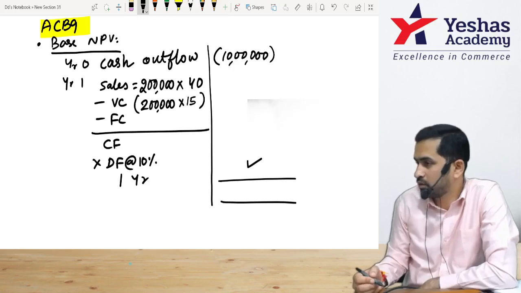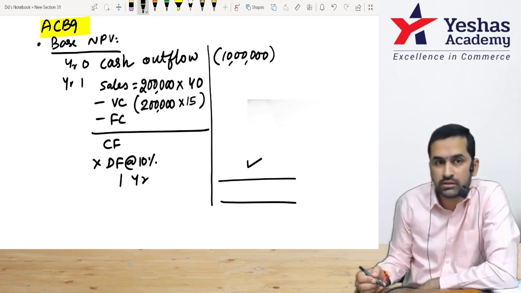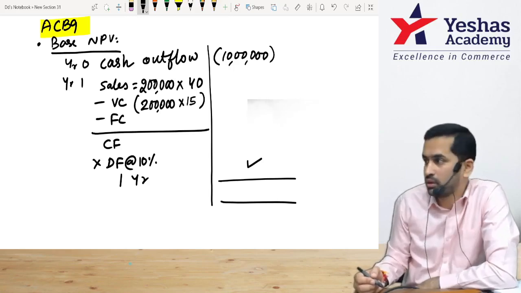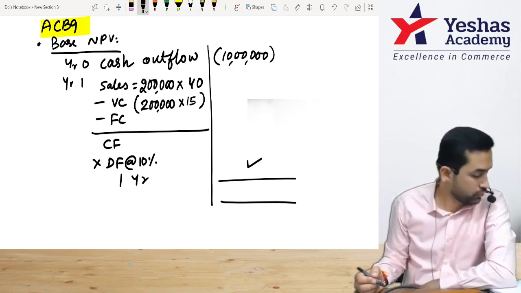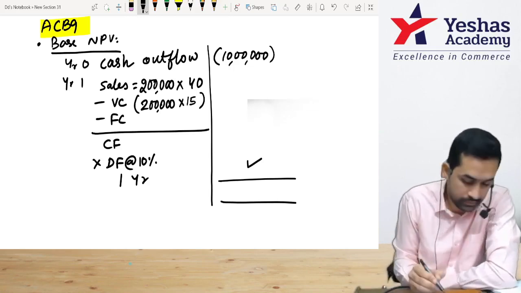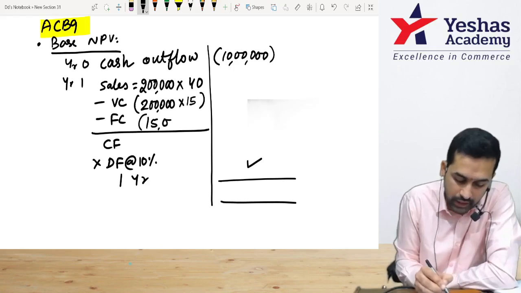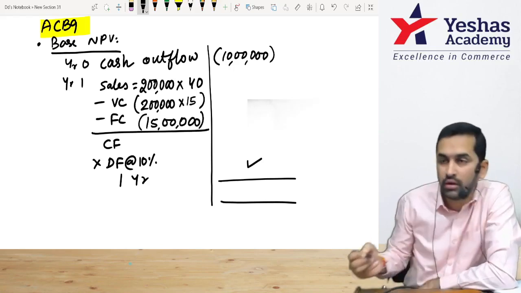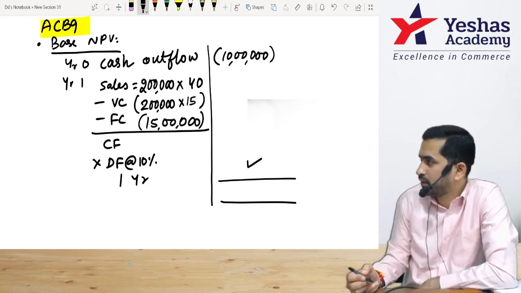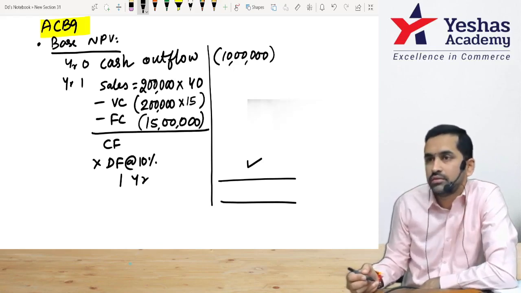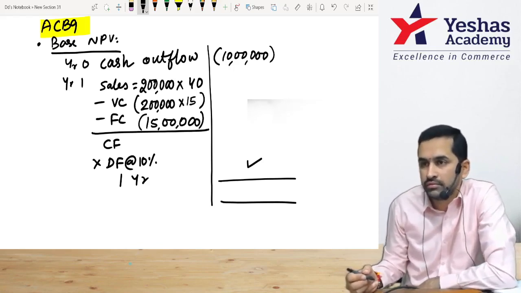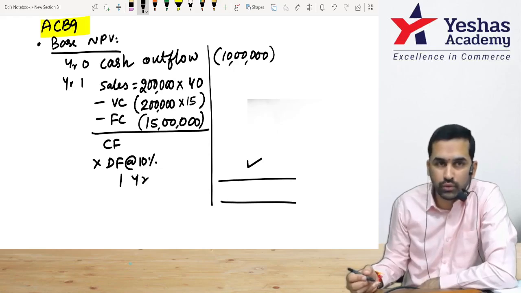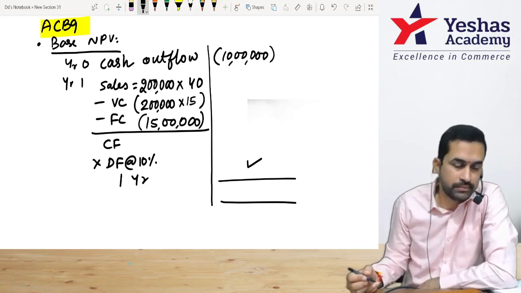Correct? Variable cost is on unit basis. Fixed cost is on total basis. Fixed cost is also given, 15 lakh rupee. Assuming no taxes, this itself is your cash flow at the end of year 1.